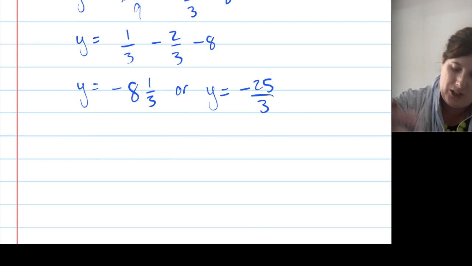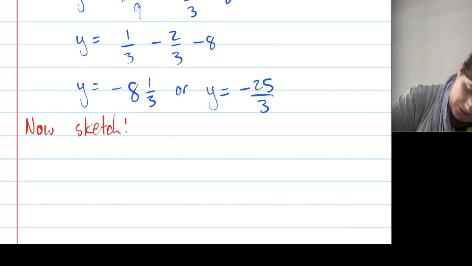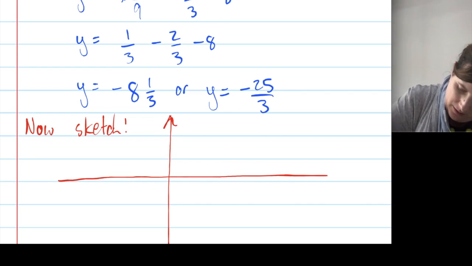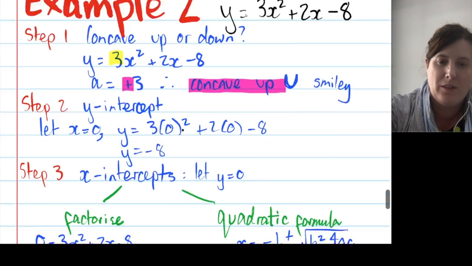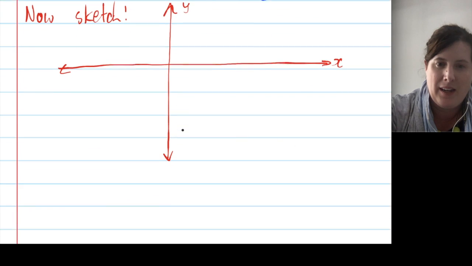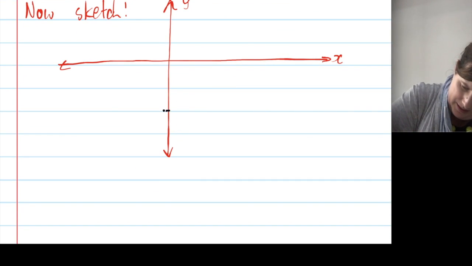Now we sketch. Do your y-axis, use a ruler, don't be like me. That was terrible. Y, x. We're gonna put our points in. So the first point we knew was the y-intercept at y equals -8.